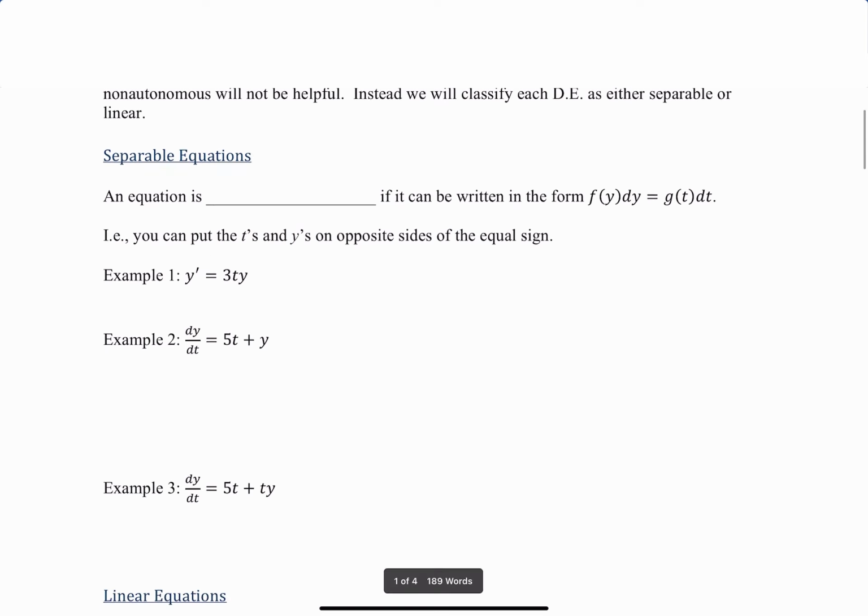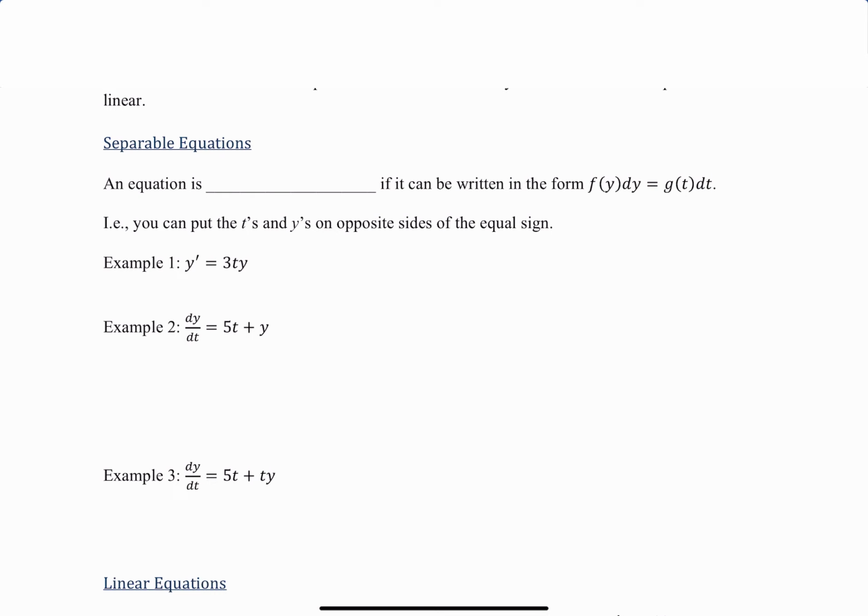Separable equations. An equation is separable if it can be written in the form f of y dy equals g of t dt, which is just a way of saying that you can put the t's and y's on opposite sides of the equal sign.